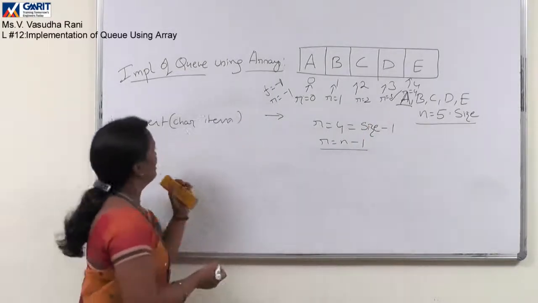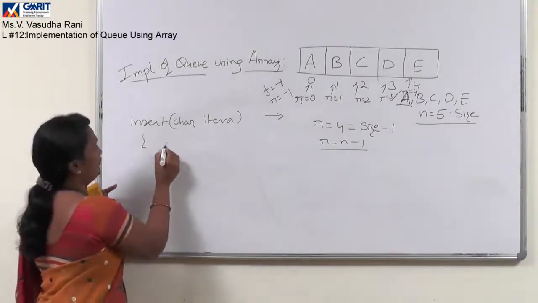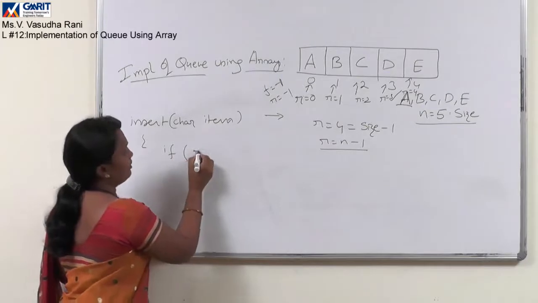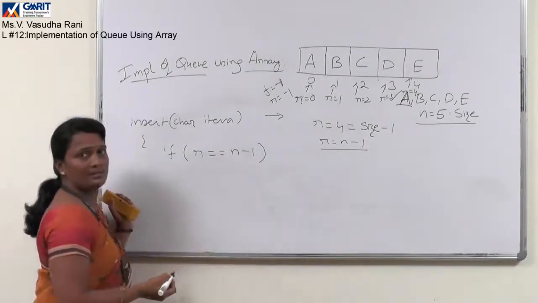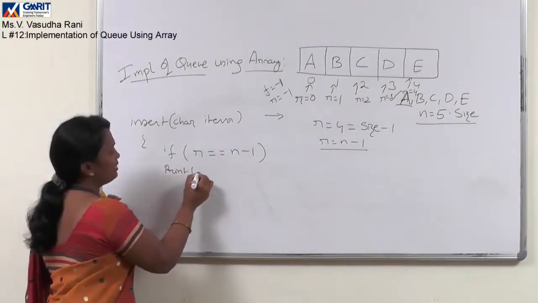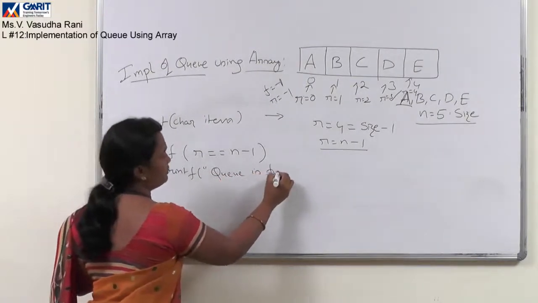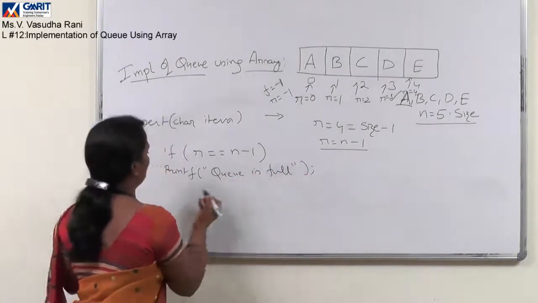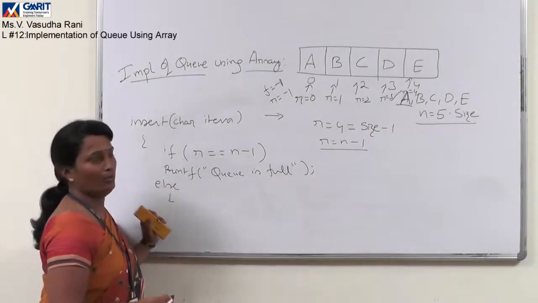So this condition we have to check before we insert. If your rear reaches n minus 1, that is size of the queue minus 1, then we can simply display a message that queue is full. Else only is it possible to insert a new element.